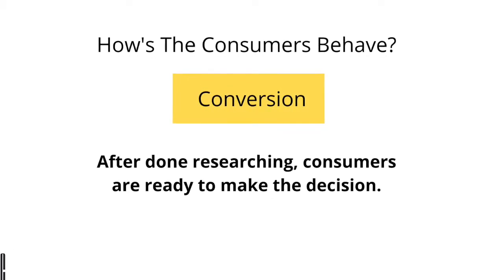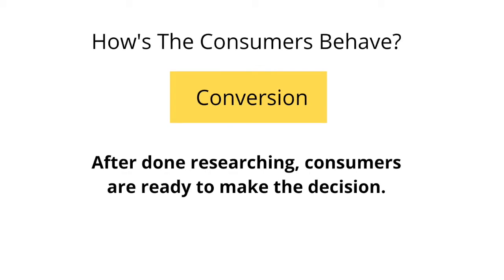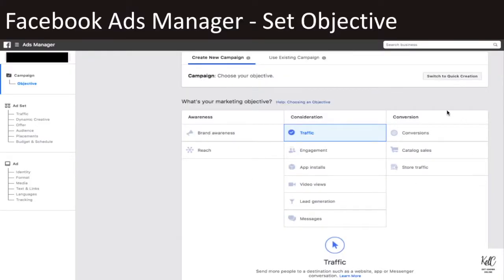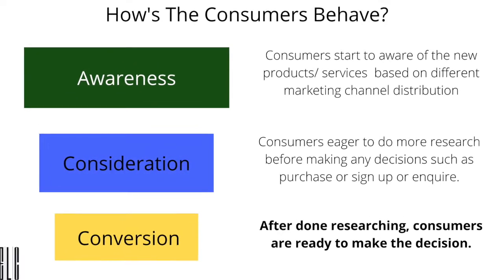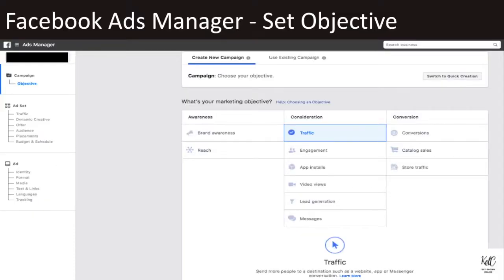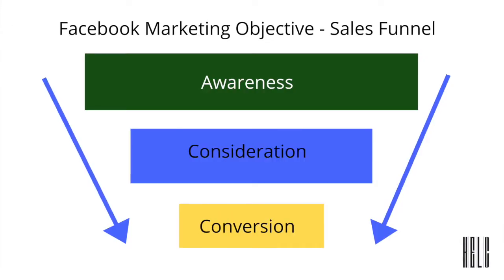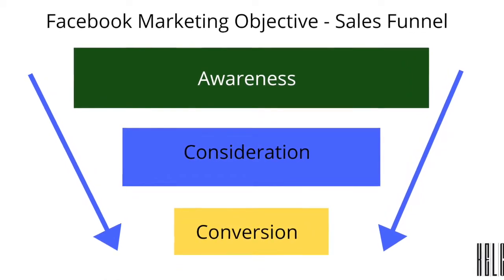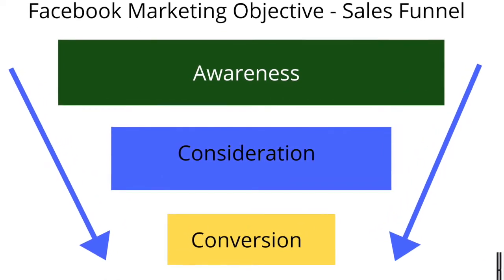That's why this is under conversion. And then after that, maybe they are ready to purchase. So if you start any campaign with the conversion marketing objective, it means you are looking for those people who are ready to take action, ready to buy, or ready to sign up. So this basically represents the full sales funnel.